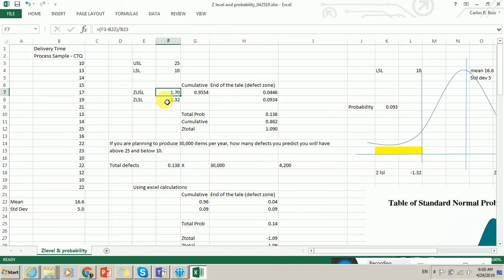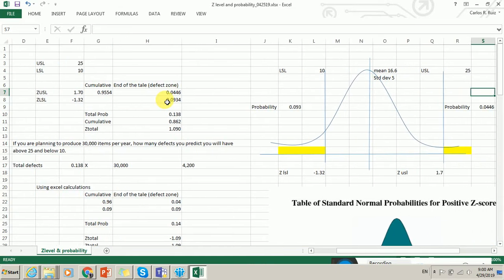What do I do with that? Well, the Z level really doesn't tell me much until I estimate the probability of defect linked to this particular Z level. Let's understand that a little better.